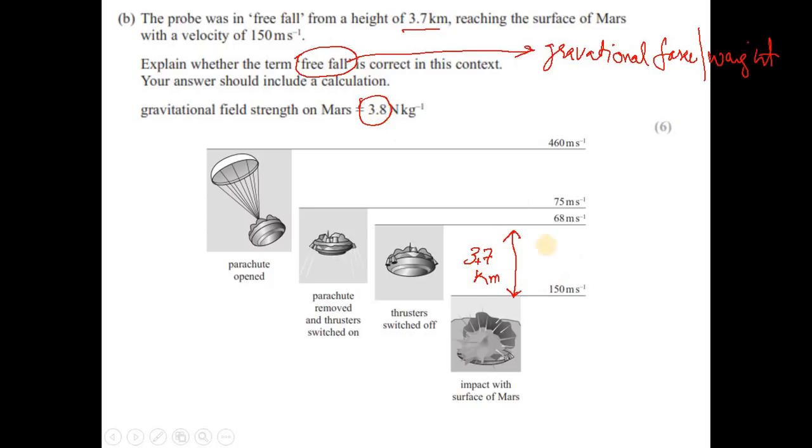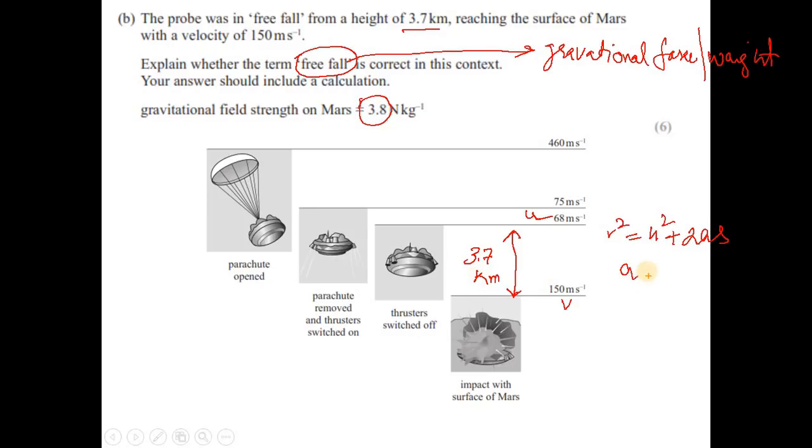And again, we have a distance, we have initial and final velocity. We use the same approach. V squared is equal to U squared plus 2AS, and we can figure out acceleration. This is your U, this is V, this is the distance in kilometer. Don't forget to convert into meter.